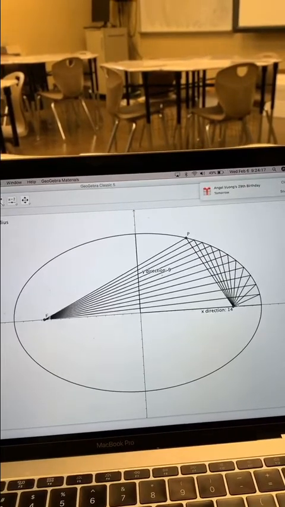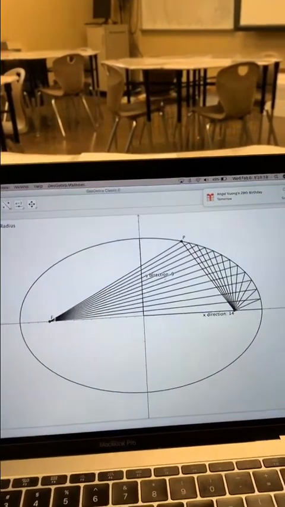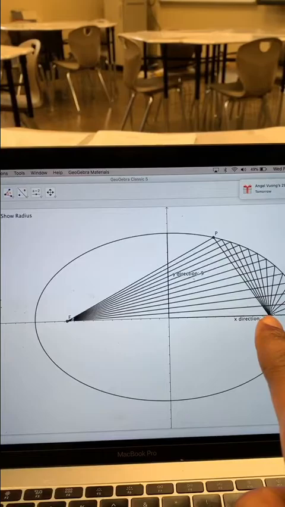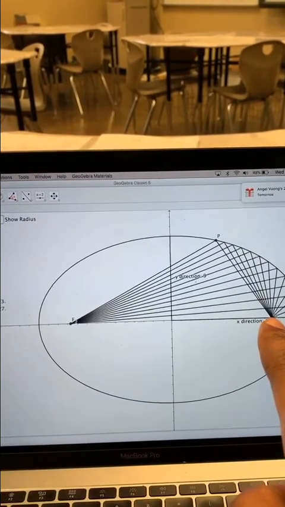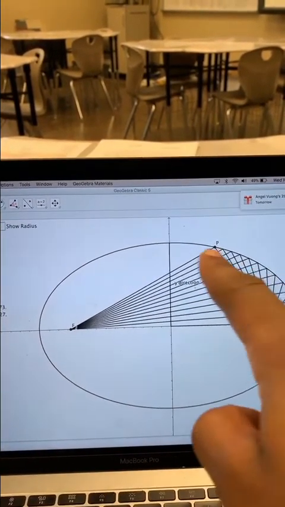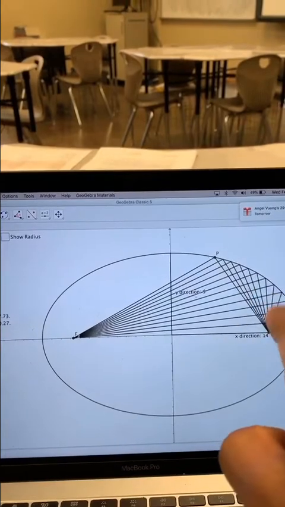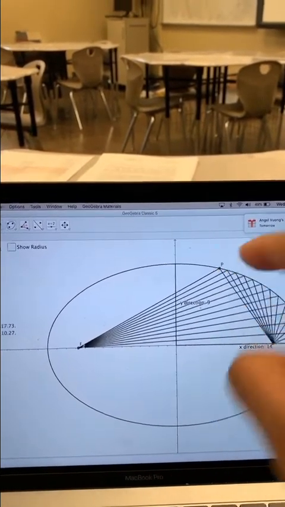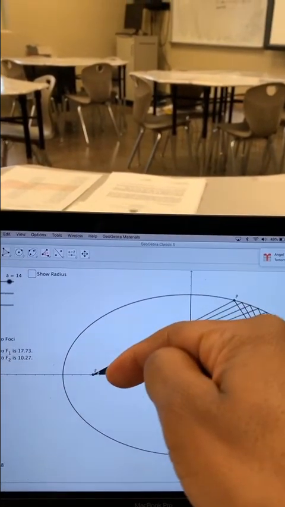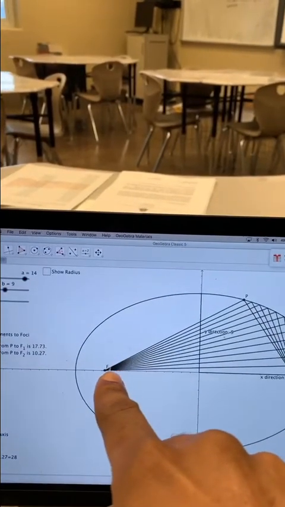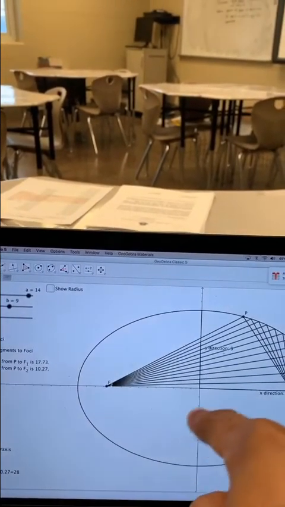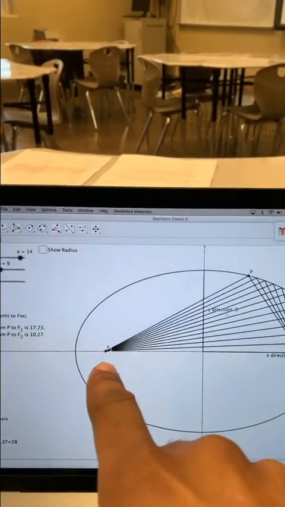So just imagine if this is light or if this is sound, right? Being radiated from this one focal point, and it bounces against any point. Any point around here is just going to bounce against it, and it's going to come right back in and land in one spot. Notice it doesn't go anywhere else.